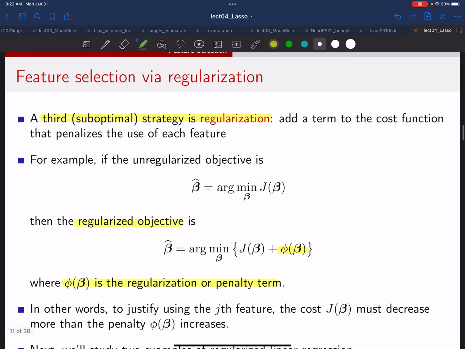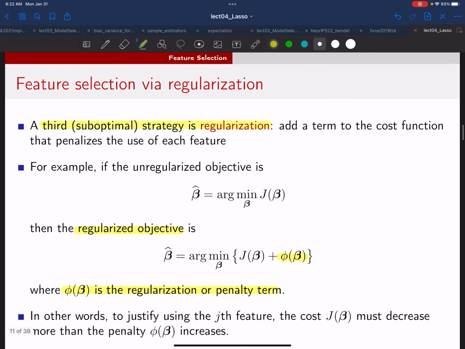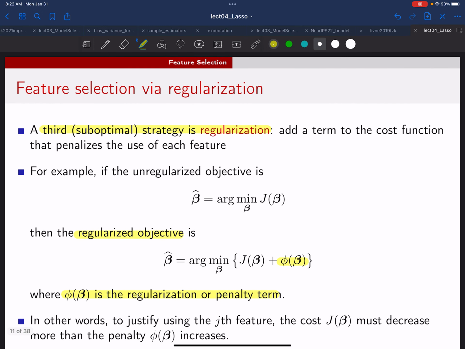And what this is trying to do is tell us to be careful not to choose too many features. And so we would construct this last term so that the more features you choose, the larger the penalty gets. And as we'll see, there's different ways to do this. But overall, we're trying to say that just minimizing training RSS is not enough. So you want to add another term that causes a penalty so that you don't just keep adding more and more features.